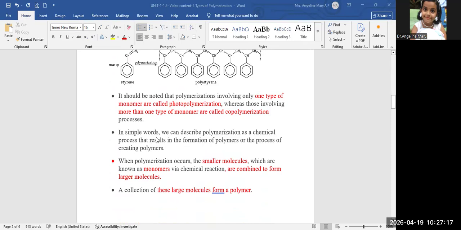In simple words, we can describe polymerization as a chemical process that results in the formation of polymers, or the process of creating polymers.